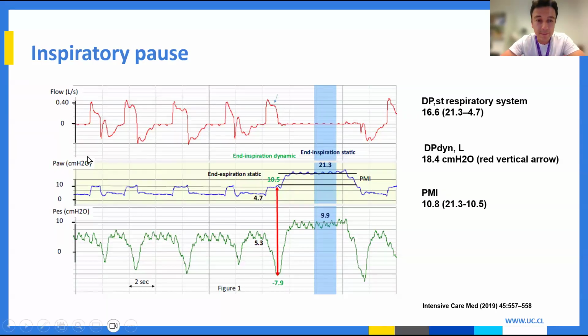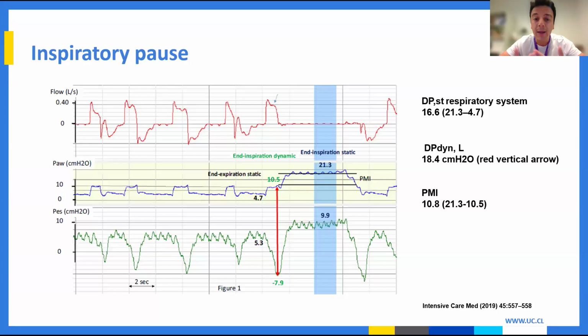So let's say you have this patient with a flow tracing in red, then you have the airway pressure in blue, and the patient is in pressure support. Let's say 10 over 5, pressure support of 5. And the good thing is that if you apply an end inspiratory occlusion, you will see how this plateau pressure will be way higher than the maximum inspiratory pressure.